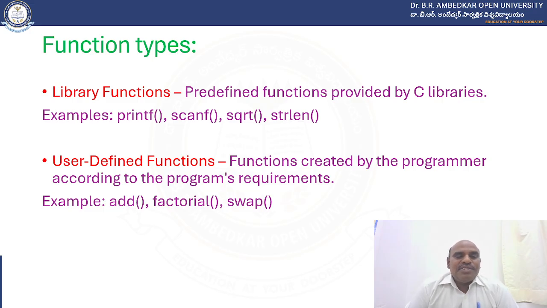Second category is called user defined functions. What do you mean by user defined functions? First we can learn the definition. User defined functions are created by the programmer according to the program's requirements.